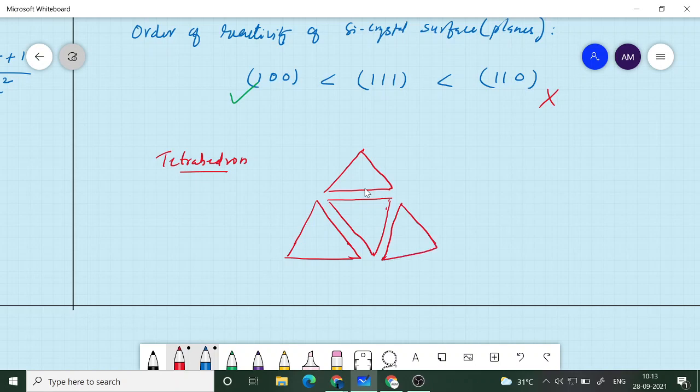Now you can make a closed shape. You fold this one, and this one, and this one, and join. The resulting shape is what you call a tetrahedron.